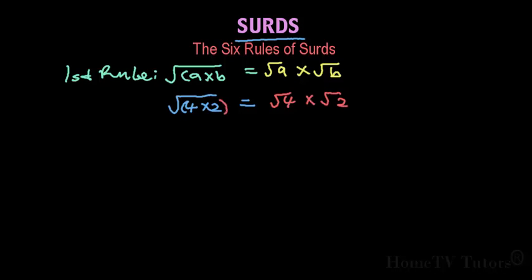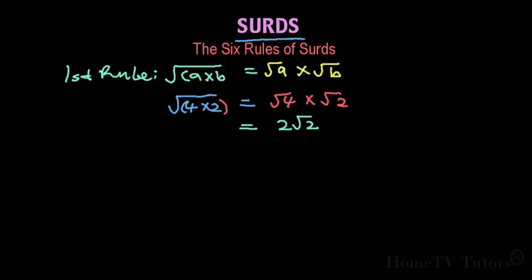So the square root of 4 we know is 2, times the square root of 2, which we know is a surd. So we write it as 2 square root 2.